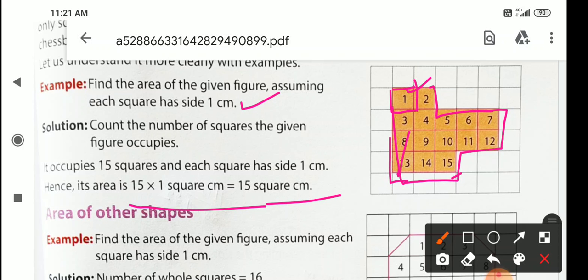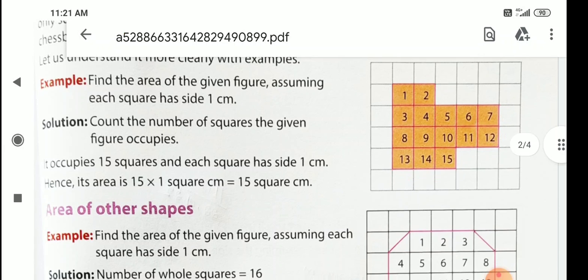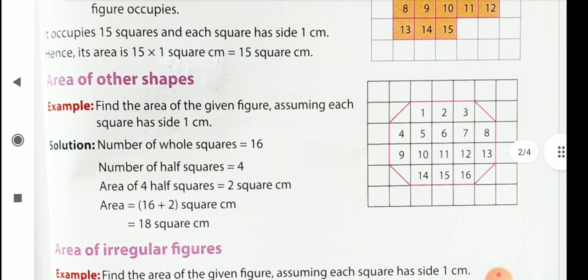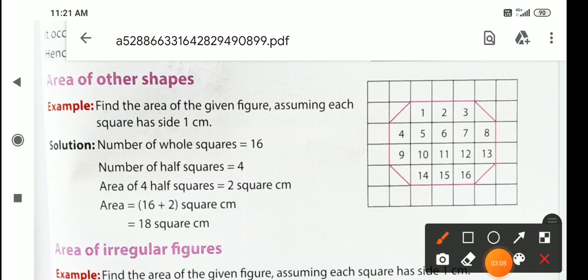Then comes the area of other shapes. For example, find the area of the given figure assuming each square has side 1 centimeter. Okay, so children, here first of all you have to count how many whole squares are there, which are completely filled.